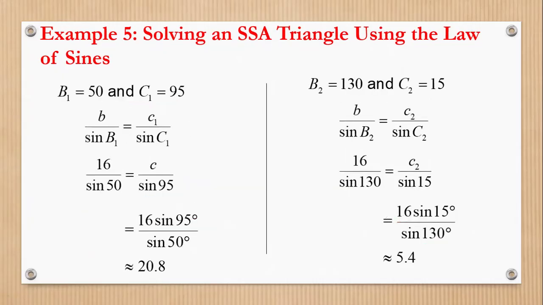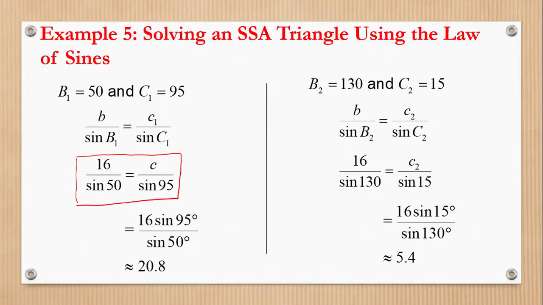So we can use side B, B over sine B, and it's better to use sine B because we have two cases for sine B. If you want to get two different answers, it's better to use this one, because if you use A, it has just one solution, and you don't get two different answers.